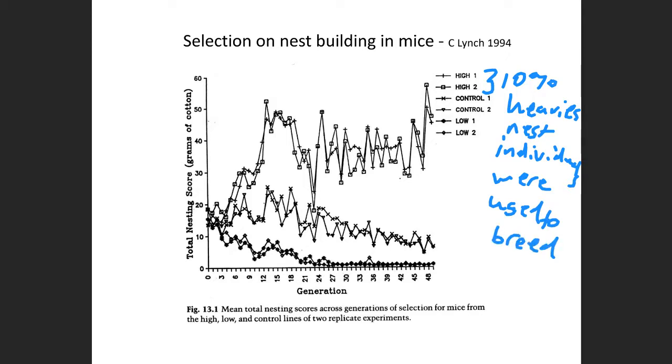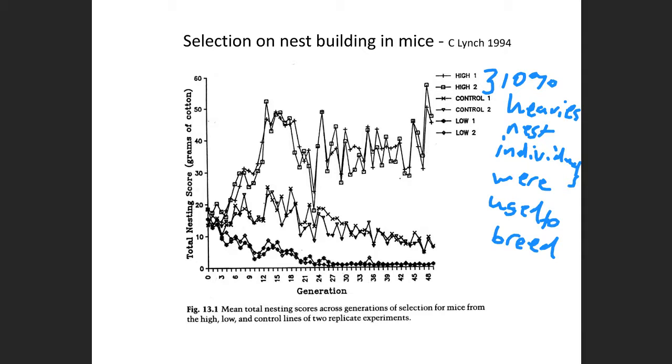So they'd have these mice with free range in an area where they can forage for food and nesting material, and then they'd weigh the nests that they made. In those high lines, they would only take the individuals that made the 10% heaviest nests, so the 90th percentile and above of nest weight.